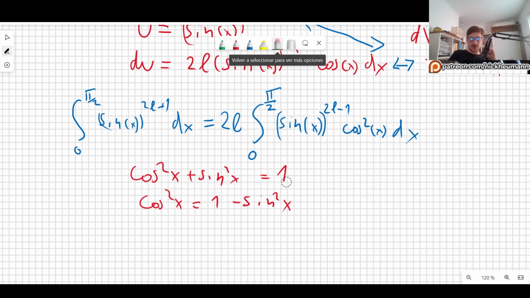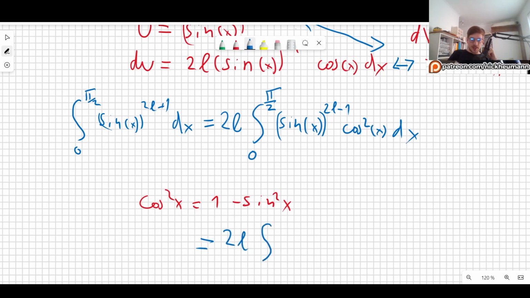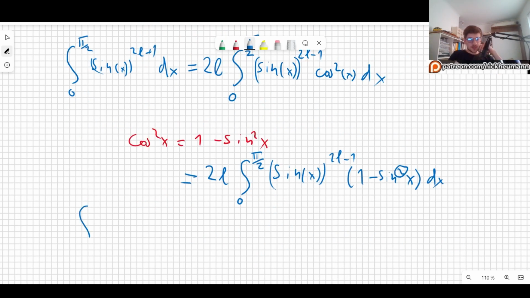So my original integral, the integral from 0 to pi over 2 of sine of x to the 2l plus 1 dx, is equal to 2l times the integral from 0 to pi over 2 of sine of x to the 2l minus 1 times 1 minus sine squared of x dx.